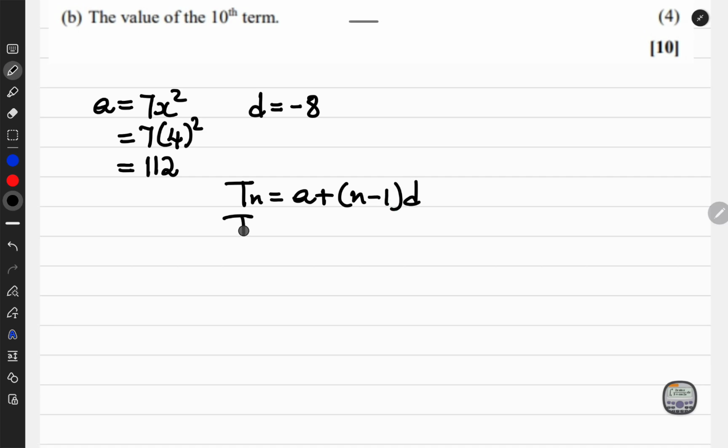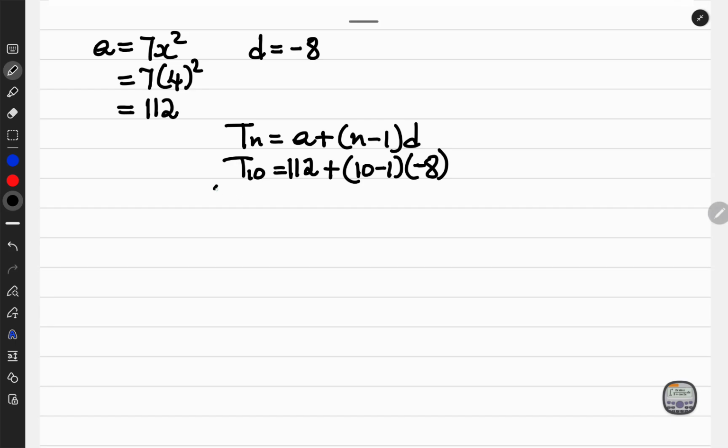We replace n by 10 in T10, so we have 10 minus 1. Our a there is 112 and our difference is negative 8.